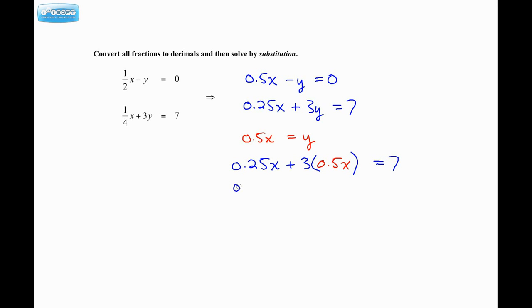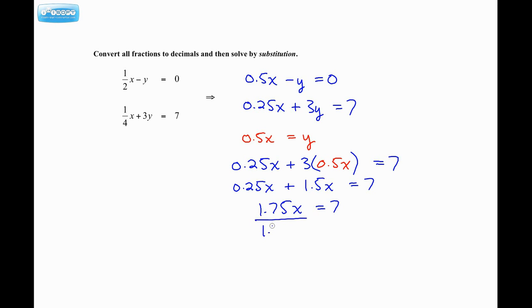So we can solve now. And 3 times 0.5x, that just gives me positive 1.5x, and that's equal to 7. And we have like terms, so I can add them together, which gives me 1.75x is equal to 7.